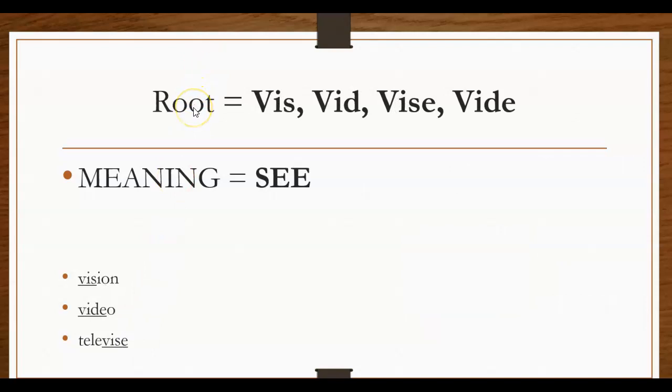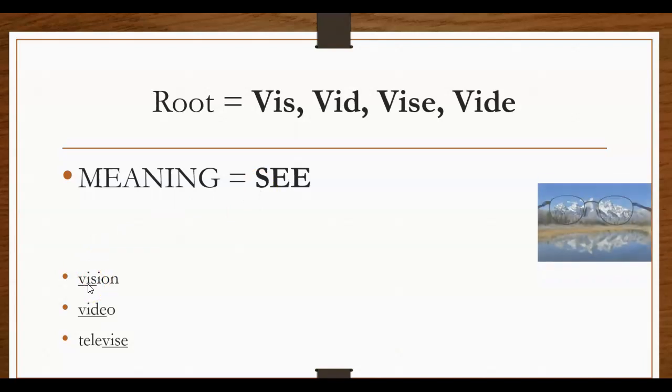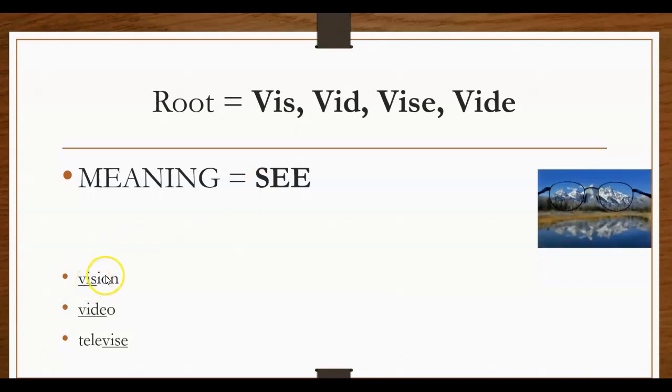The next root has 4 versions: vis and vid, or vis and vide. So you might see any variation of this root when they are talking about see, as in what you can see with your eyes, like vision, which is literally the act of being able to see.